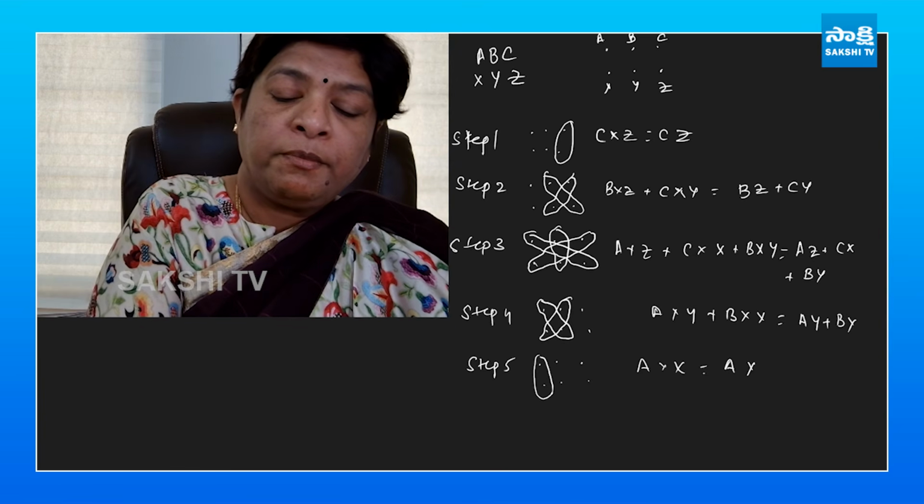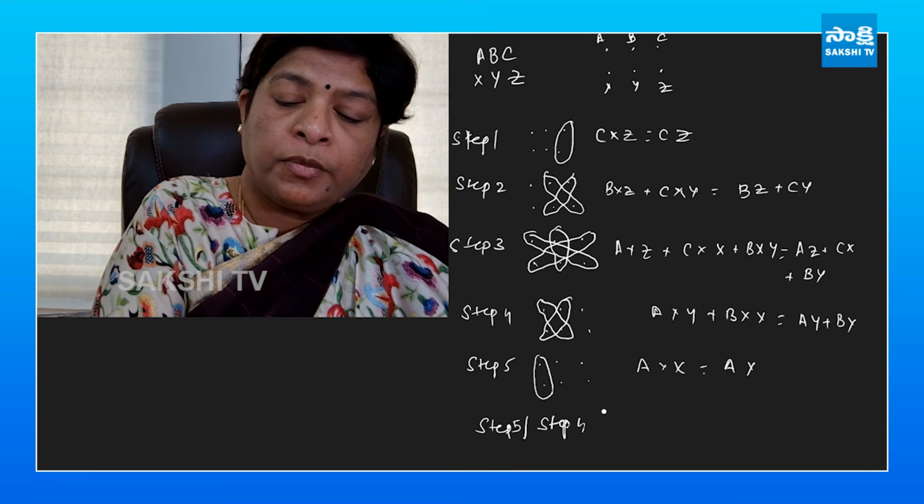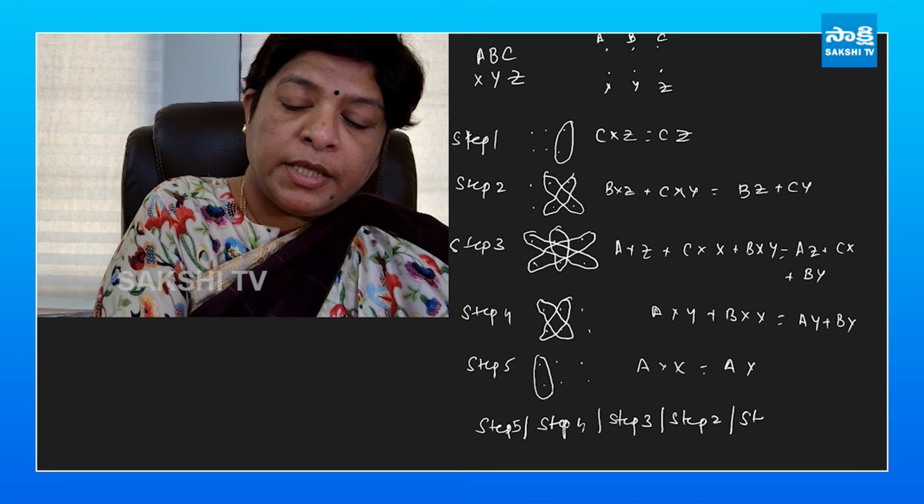So we start from step 5 followed by step 4, step 3, step 2 and step 1.